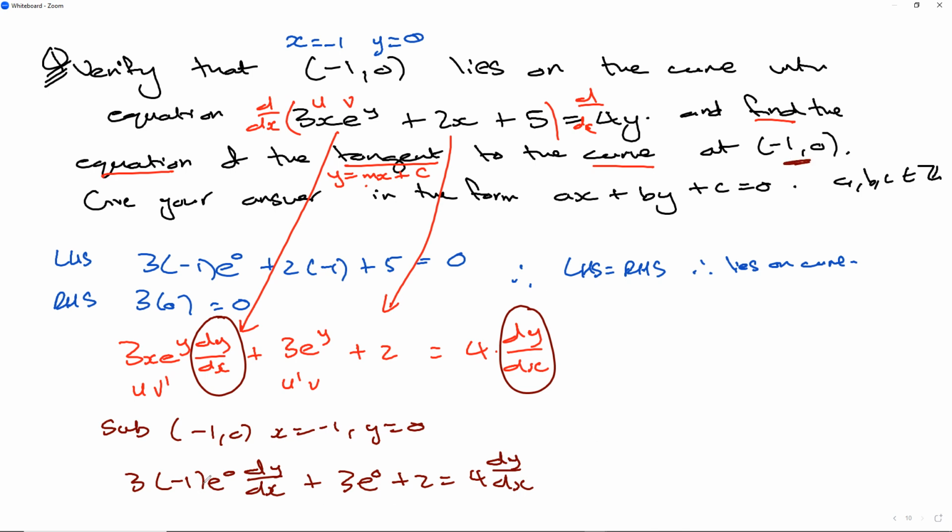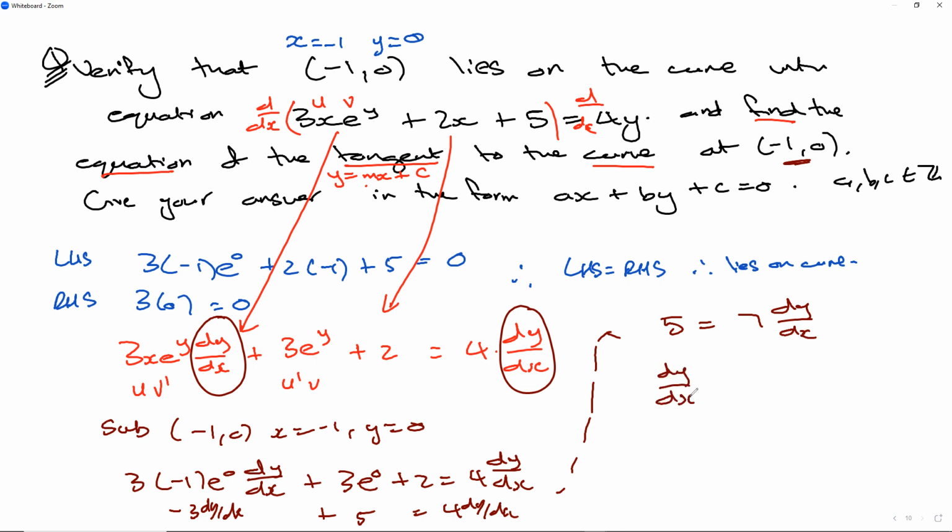Moving this over onto the other side, this becomes 4, and this will become -3 dy dx. Move it across, this will be plus 5 equals 4 dy dx. Okay, continuing from there, I get 5 equals 7 times dy dx. Dividing by 7 on both sides, I get dy dx to be 5 over 7, and that is my m value, which goes into y equals mx plus c.